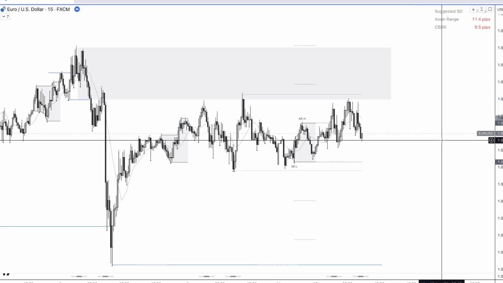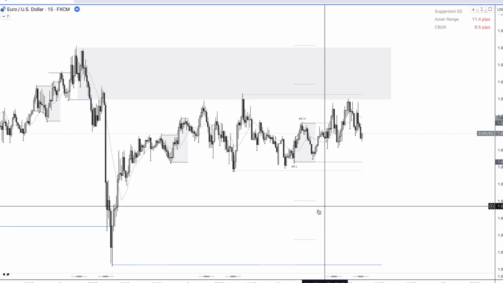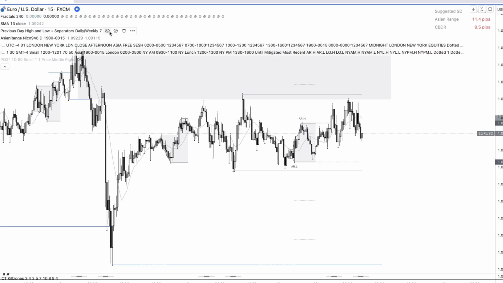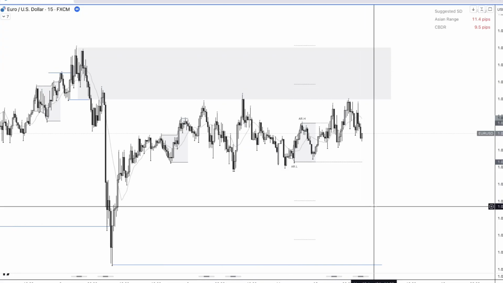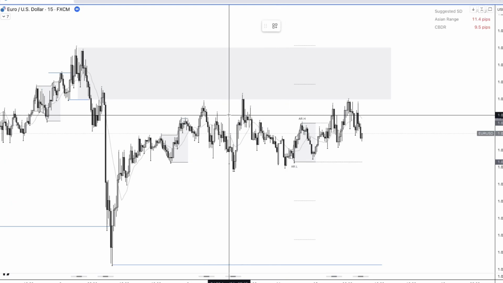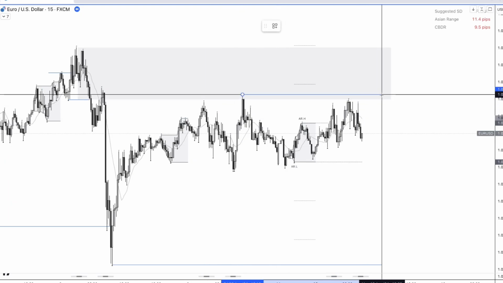But I just want to break through something I noticed in my setups and the way in which I've been trading. So if you have a look here, right, starting from the basics, you pretty much have a buildup of liquidity on either side.